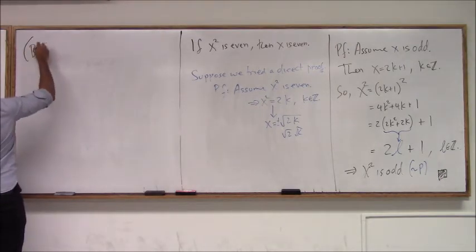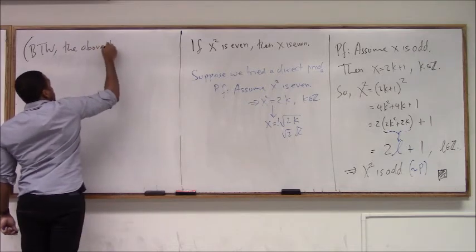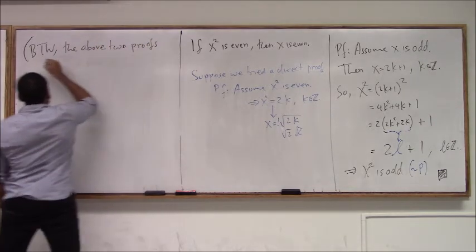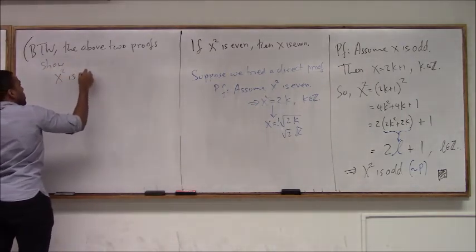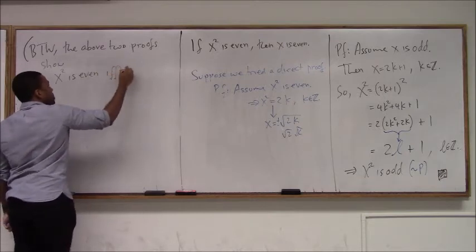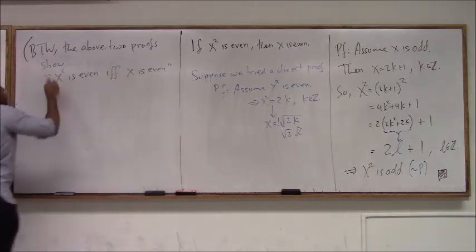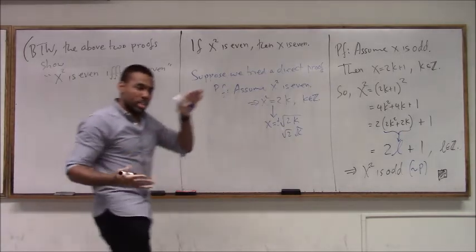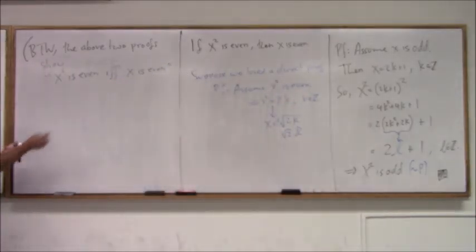By the way, the above two proofs show that x squared is even if and only if x is even. So if you had to prove this, you would literally have to show both of the proofs that I showed before and put it all in one gigantic proof.